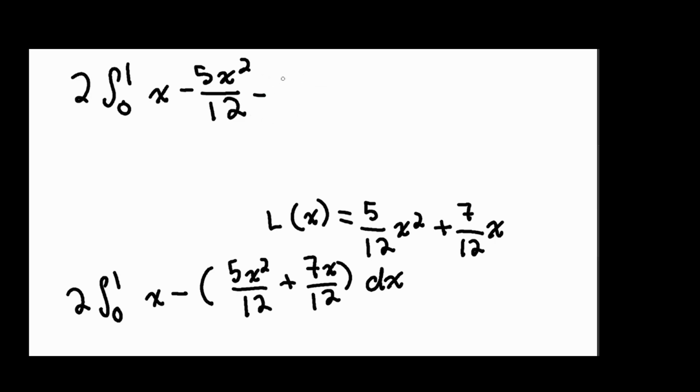We have to distribute the minus, so minus 7x over 12, dx.